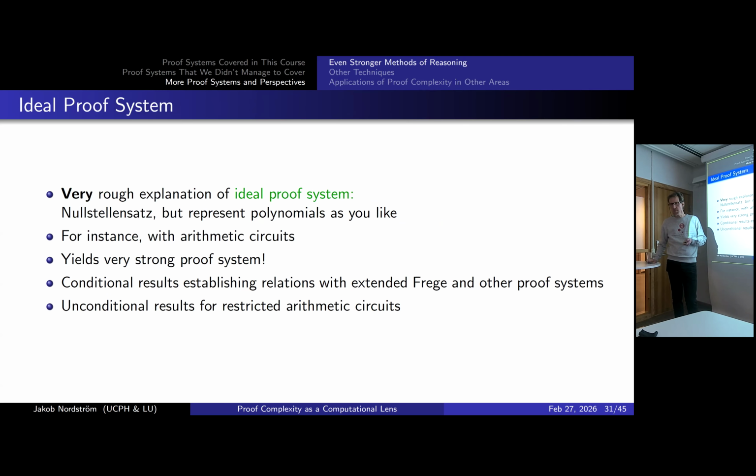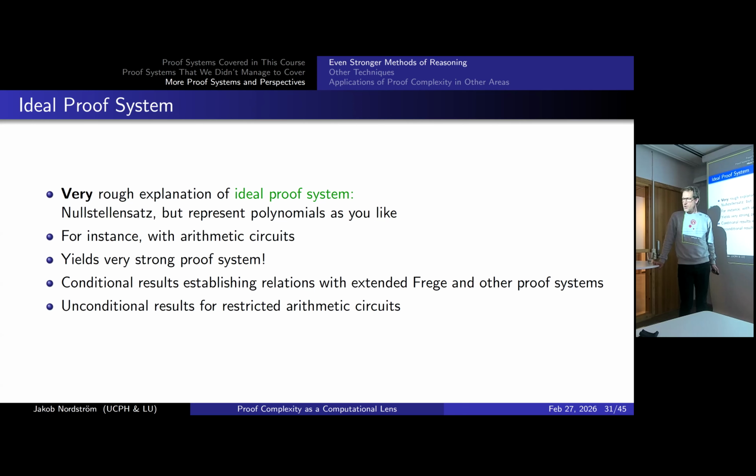The ideal proof system, and mostly by now I'm cheating you on all the definitions, but very roughly it's Nullstellensatz, except you can write your Nullstellensatz proof with your polynomials represented in any which way you like. And now you get a very, very powerful proof system.